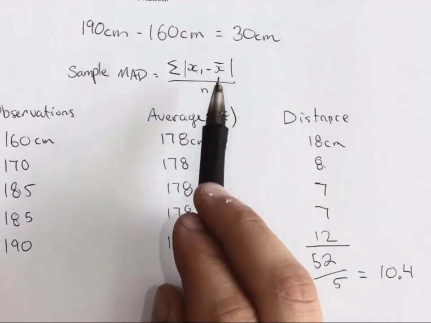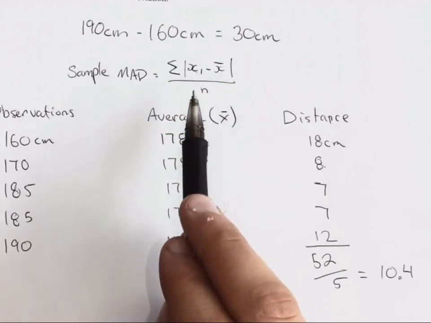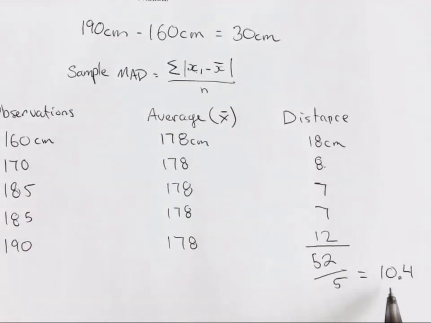So our sum of all of our observations less the average divided by the total gets a mean absolute deviation for samples of 10.4.